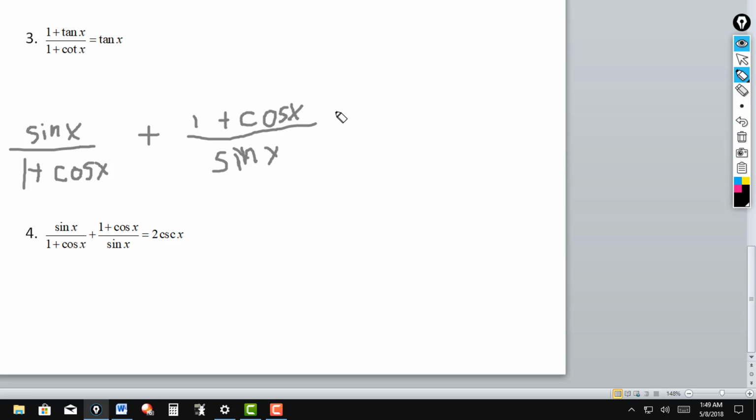Okay, so now treat this just like an algebraic expression, so we're going to combine this, so we need to find the LCD. So the LCD is going to be this times this. That's going to go on the bottom.